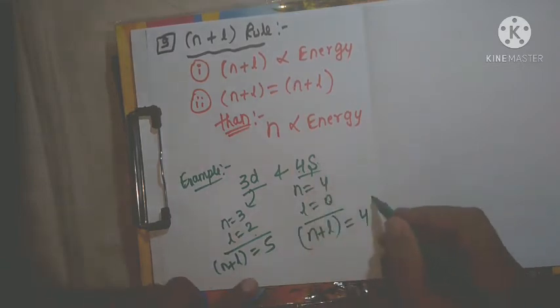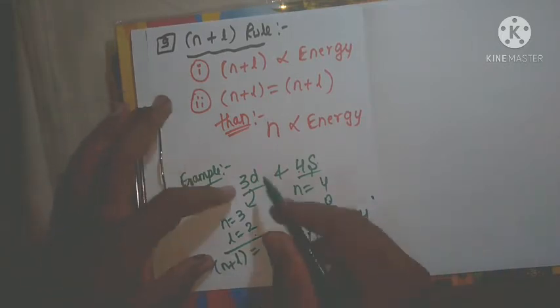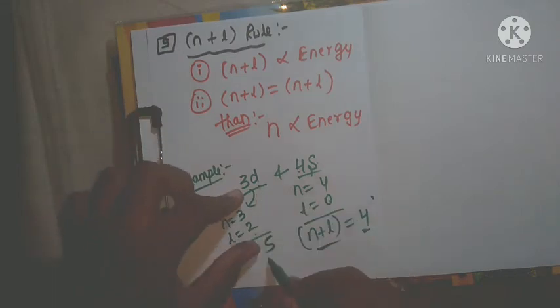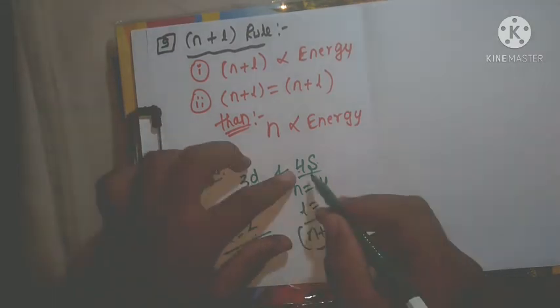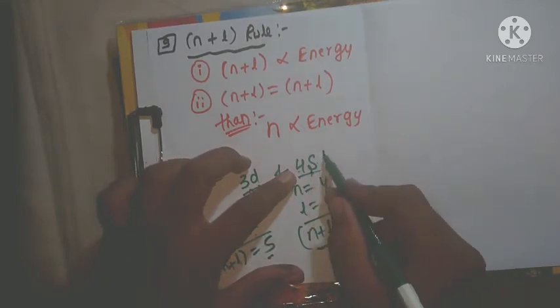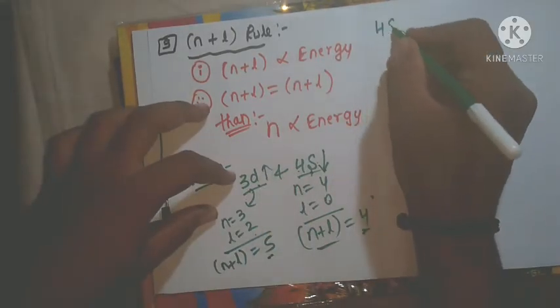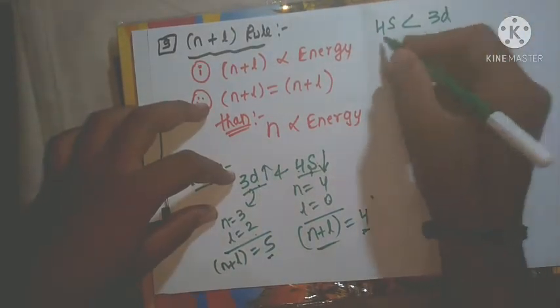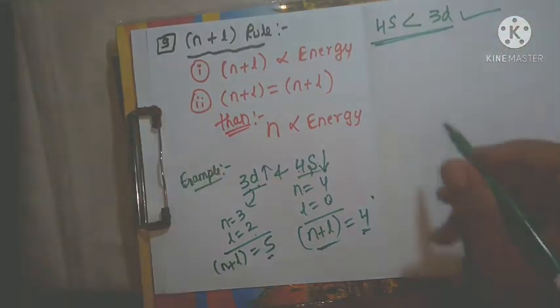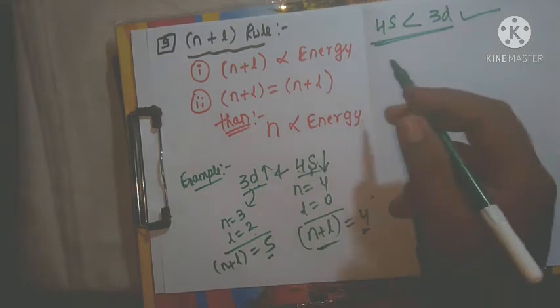Therefore 4s is having lesser n plus l value than the 3d, right? 3d having n plus l value 5. 4s is having n plus l value 4. Therefore 4s is having lower n plus l value compared to the 3d. Therefore 4s has lesser energy than the 3d. Clear? Now only I asked the doubt, right? That is the answer because of the n plus l value rule, right?